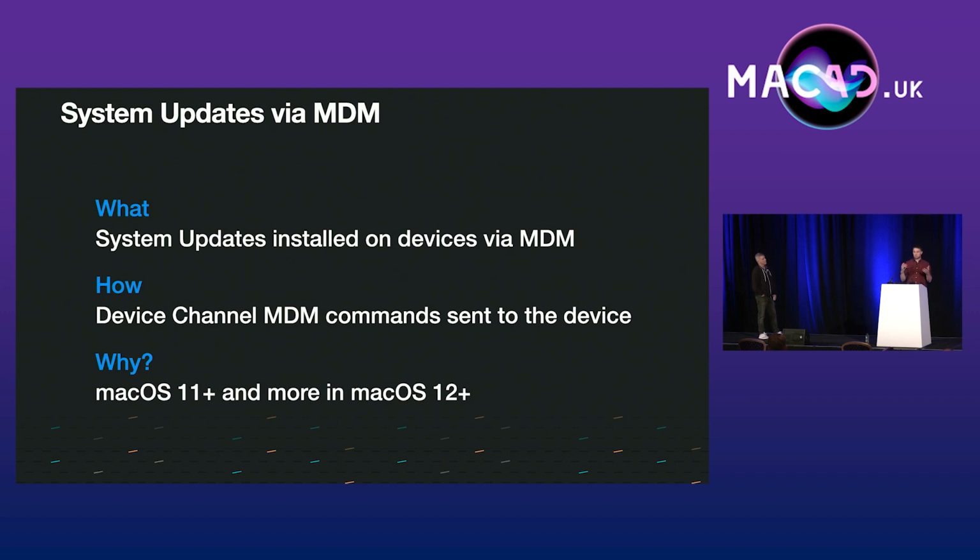So the what is simple, it's in the title, but the how is a little bit more nuanced. They're device channel MDM commands that are sent out to the device that actually cause that update to take place. The first part of that is an available OS update command that MDM queries the device with. So we're going out to the device and saying, hey, device, what are you seeing from Apple's CDN?